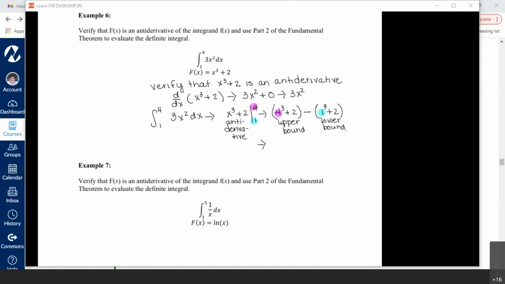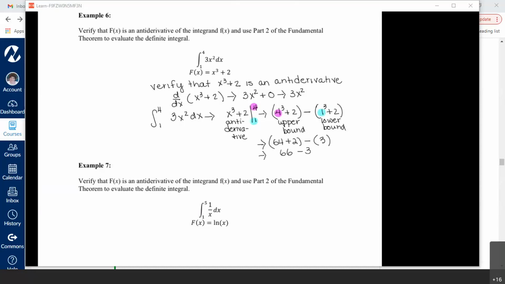So 4 cubed is 64, plus 2, minus 1 cubed is 1, plus 2 is 3. Make sure you do whatever operations are in the parentheses first before you subtract. So this is going to be 66 minus 3.